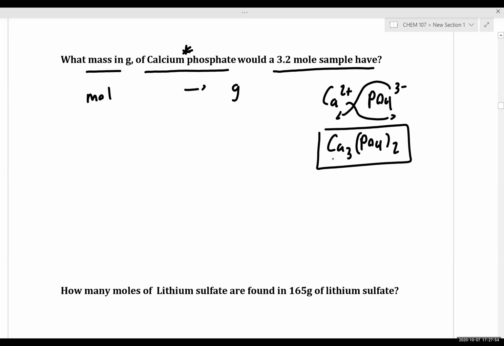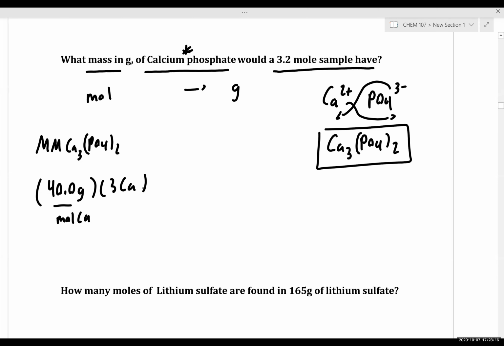Now, with this information in mind, we can calculate the molar mass of calcium phosphate. So we take the mass of calcium, which is about 40.0 gram per mole of calcium, and we have 3 calcium atoms, plus the molar mass of phosphorus, which is 31.0 gram per mole of phosphorus, and we have 2 phosphorus atoms.